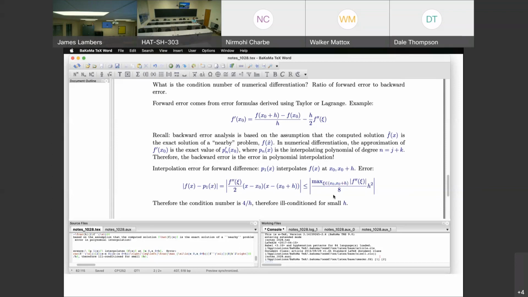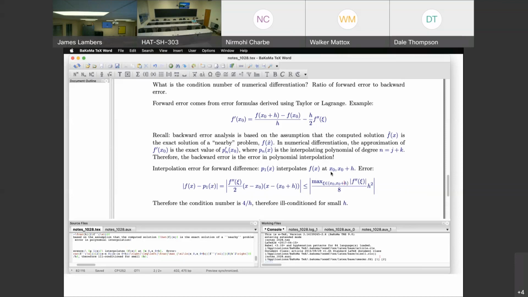Well, since what I really want to do here is divide forward error by backward error, an upper bound is actually not what I need. I want a lower bound, because then I get an upper bound on the condition number. Now, on the other hand, if h is small, then chances are f double prime is not changing very much on such a small interval.